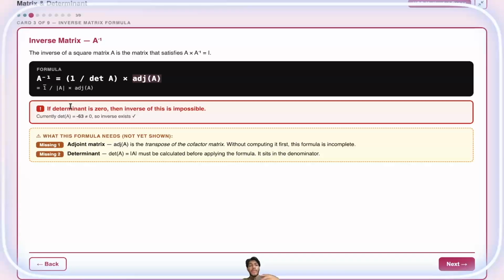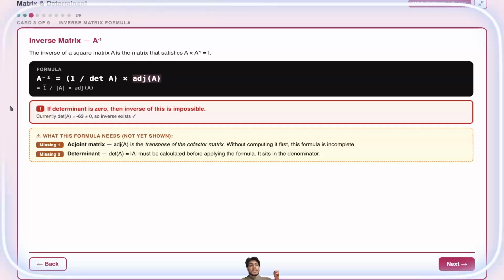One might think that since the determinant is zero for a singular matrix, then 1 by 0 gives infinity, so maybe a singular matrix has an infinite number of inverse matrices, but that is not the case. A singular matrix has no inverse matrix. Having an inverse matrix for a singular matrix is impossible.